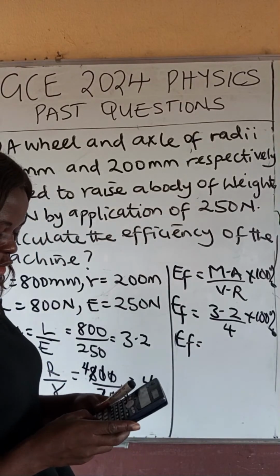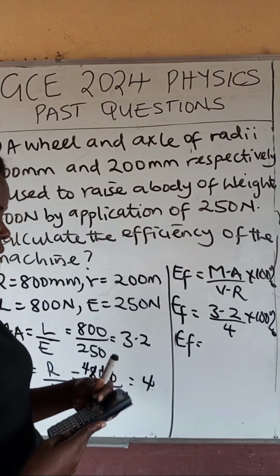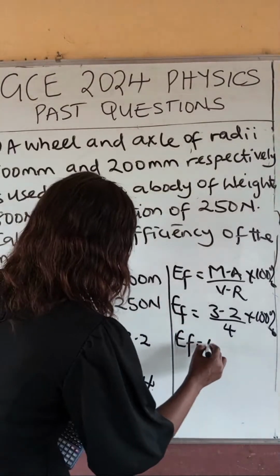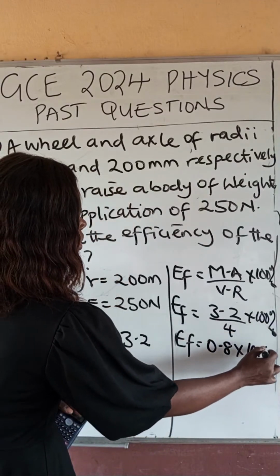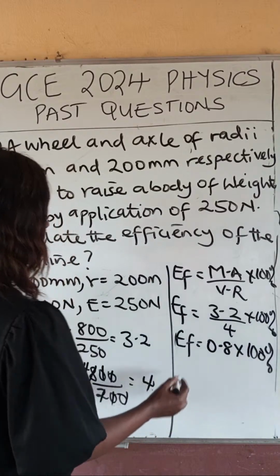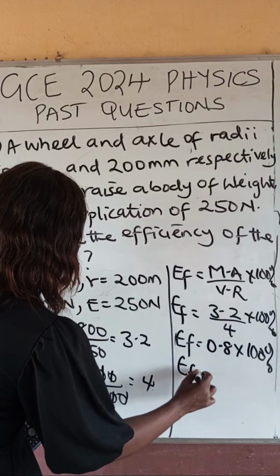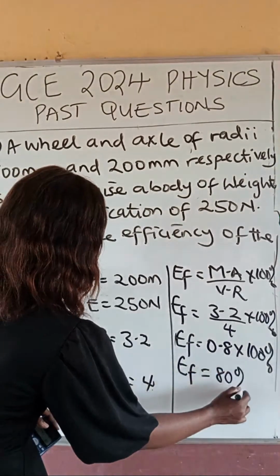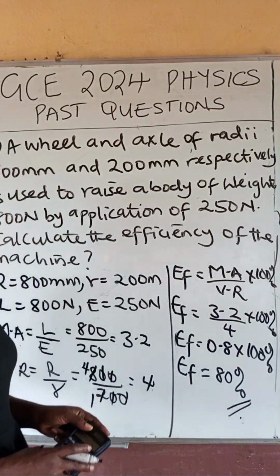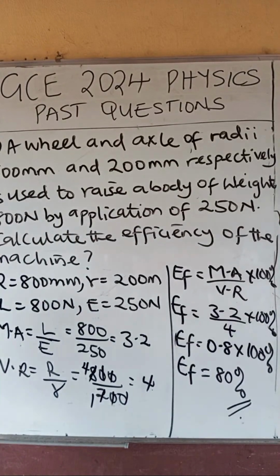Now this 3.2 divided by 4, I have 0.8. So I have 0.8 multiplied by 100%. By the time you multiply, the efficiency will now be equal to 80%. Is that clear?